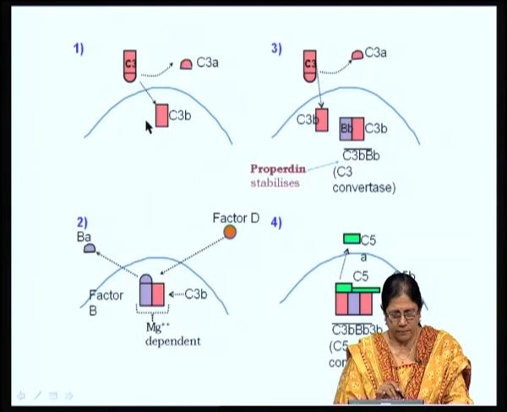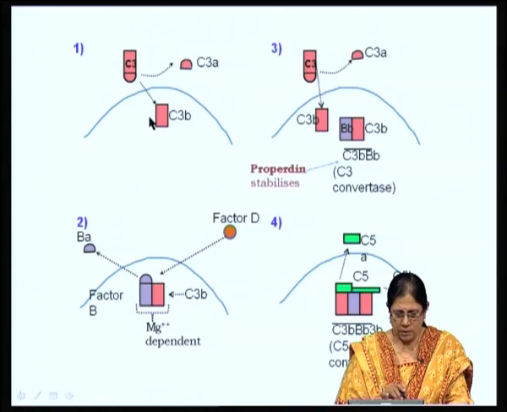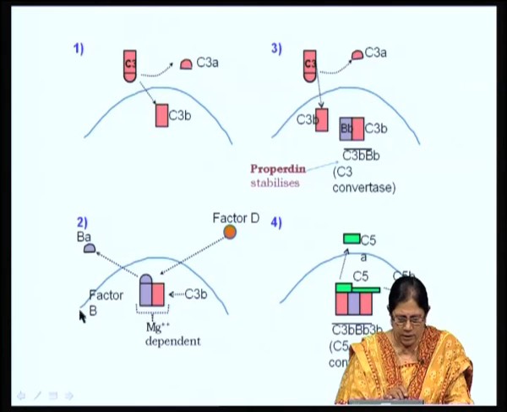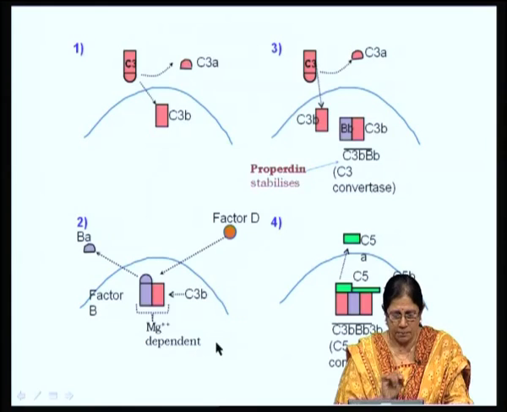Now, C3b bound to the surface recruits a factor B. C3b bound to the cell surface has a binding site for another serum factor called factor B, and this binding is magnesium ion dependent.